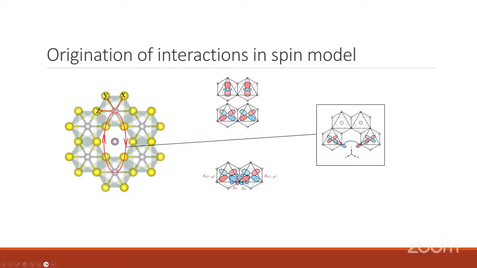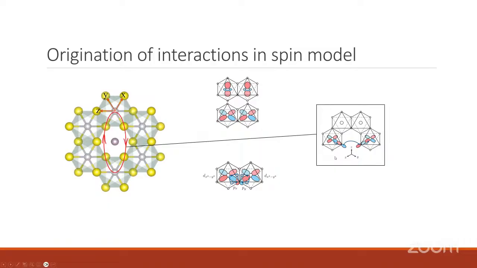And the third nearest neighbor hopping is more complicated because it is associated with two nickel sites and two ligand sites. So the nickel x²−y² orbital overlaps with one ligand py orbital and then hops to another ligand site, the px orbital, and then comes to the second nickel site, the x²−y² orbital.